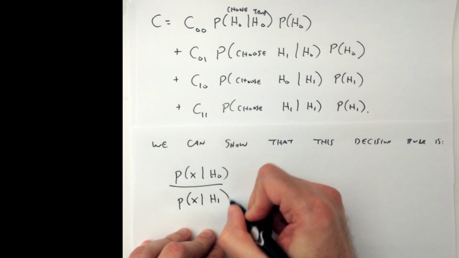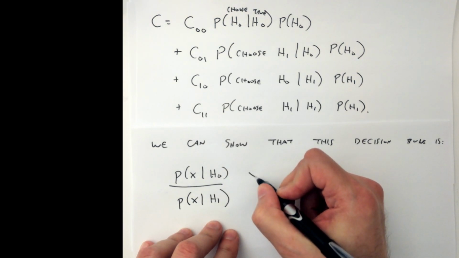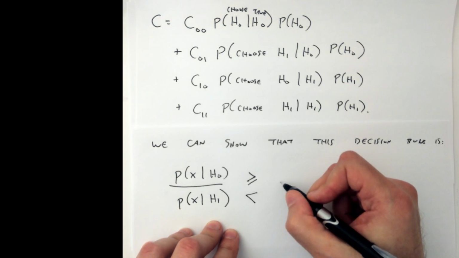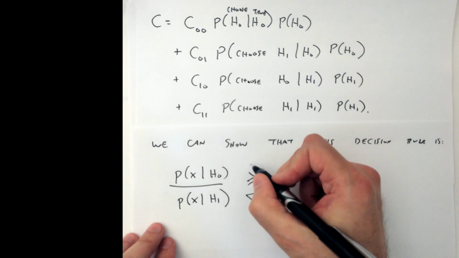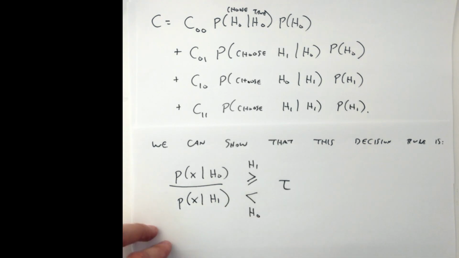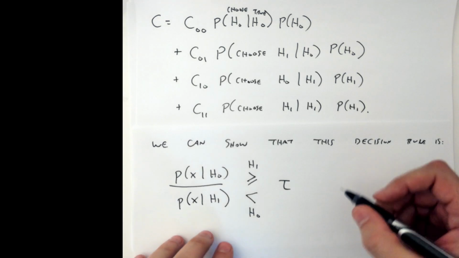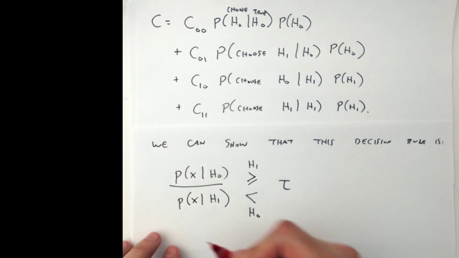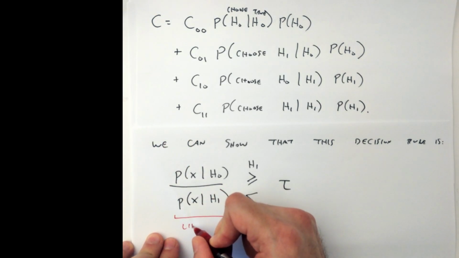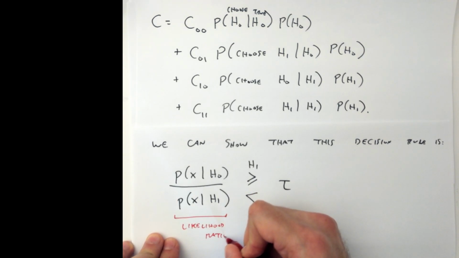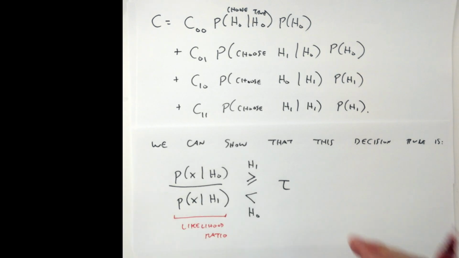So again, I have this likelihood ratio, and I'm comparing it to some threshold. This is the same thing I wrote a couple slides ago with slightly different notation. Here is the likelihood ratio, and I'm comparing the likelihood ratio to some number.